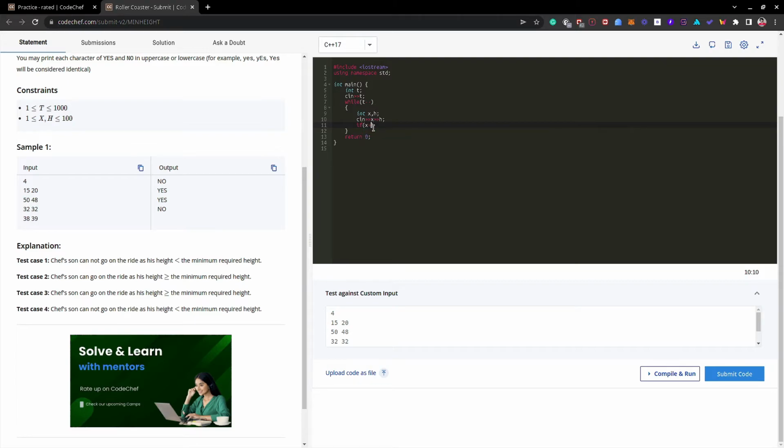If x is greater than or equal to h, then print yes, he can go. Otherwise, print no. And done. So let's check the code now.